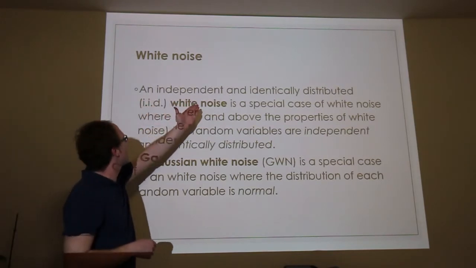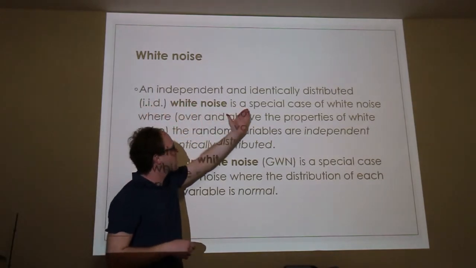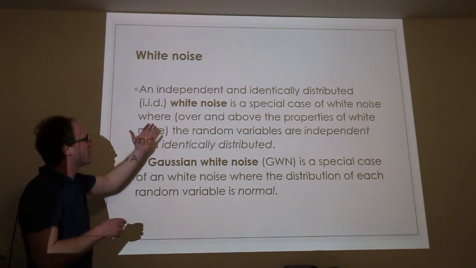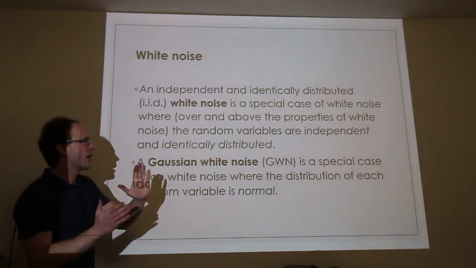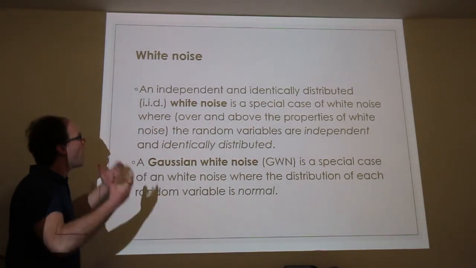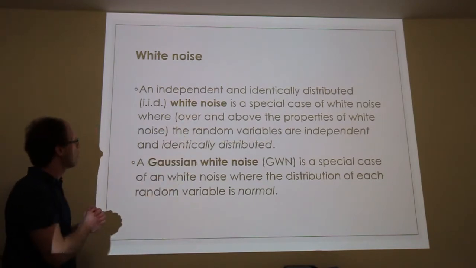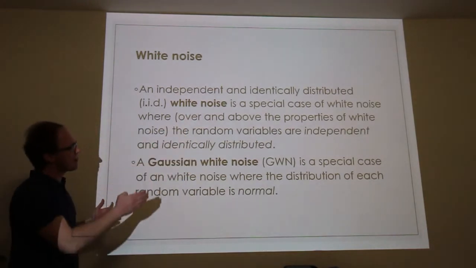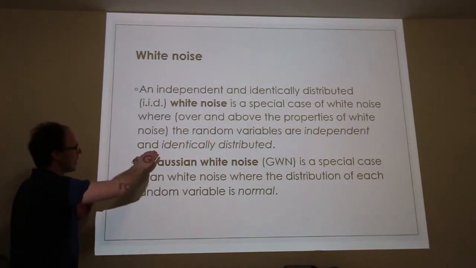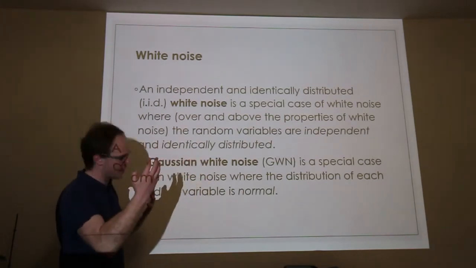An independent and identically distributed white noise is a special case of white noise where, over and above the properties of white noise, the random variables are independent and identically distributed. Yeah?